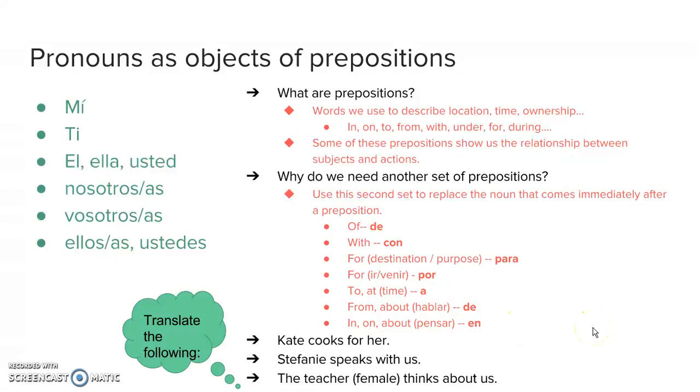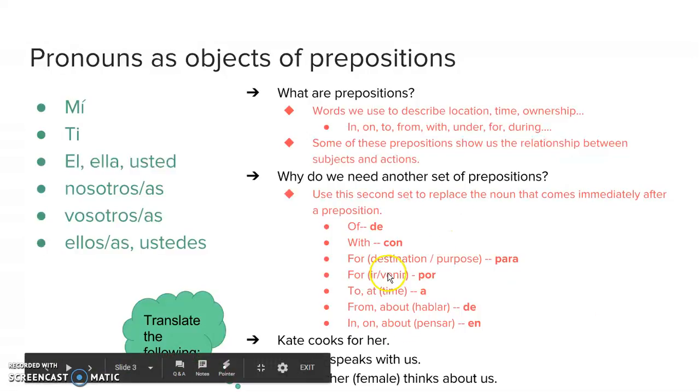I want you to look at these sentences in English, and I want you to grab a piece of paper and pen. I would say write this down and then leave some space under them and see if you can come up with the correct translation of them. First sentence, Kate cooks for her, and make sure you use these prepositions and these objects of prepositions.